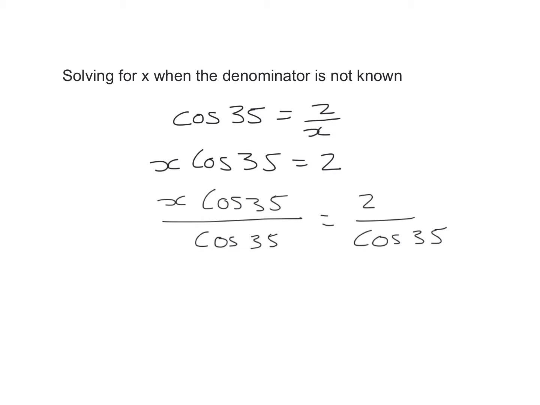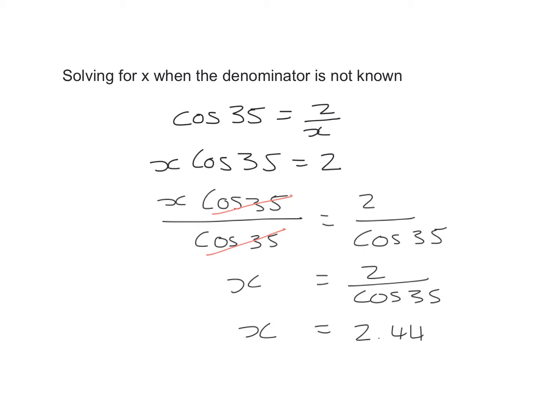As we know, cos of 35 cancels with cos of 35 because we can treat them as fractions. So x is equal to 2 over cos of 35, and when I put 2 divided by cos of 35 into my calculator, I end up with the value of 2.44. Therefore x is equal to 2.44.